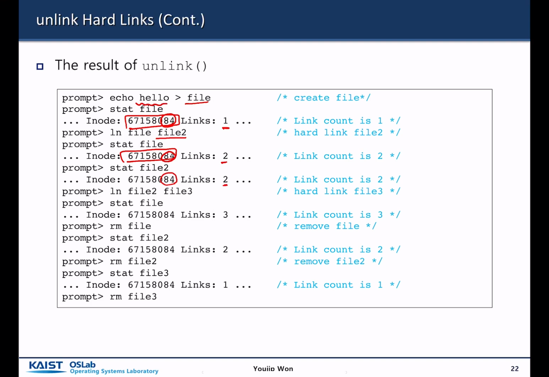Then we create another hard link. Then the inode that ends with 84 is going to have a link count of 3. And then if we remove the file, the number of links is going to change from 3 to 2. If you remove file 2, then the reference count is going to decrease to 1.